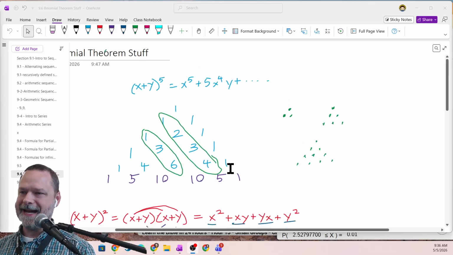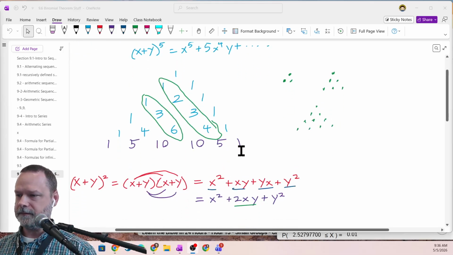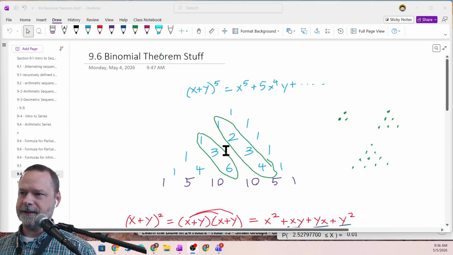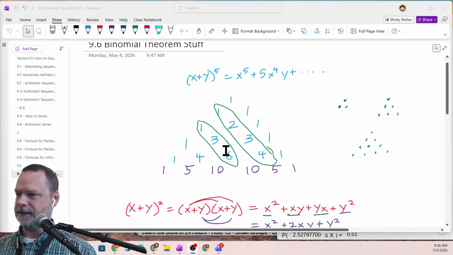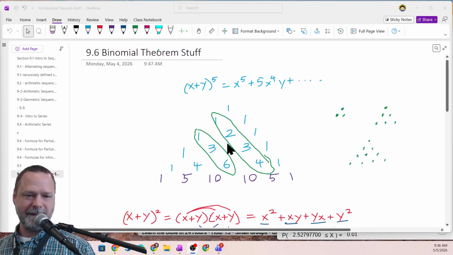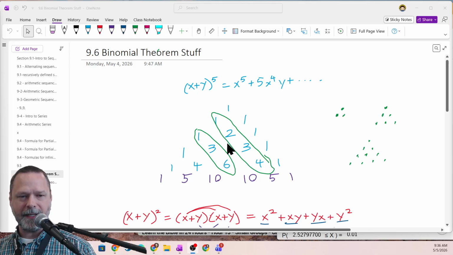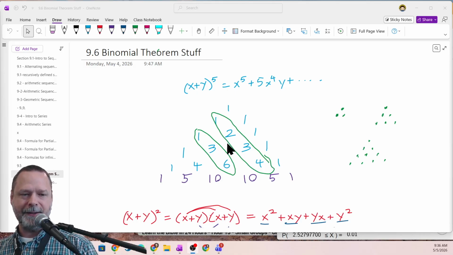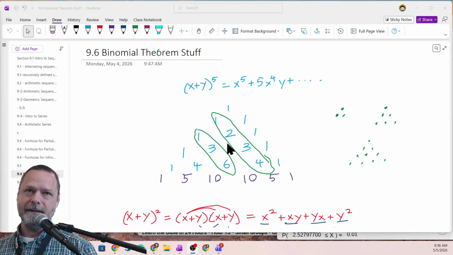We've been talking about binomial theorem, the good old-fashioned binomial theorem. We got binomial theorem stuff up here. And what that does is, and we're getting there today, we're going to start off by stating the binomial theorem. Yesterday was trying to see some patterns and be able to confidently derive the binomial theorem.